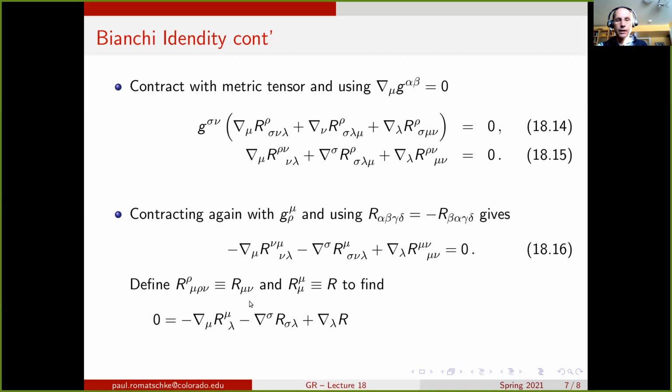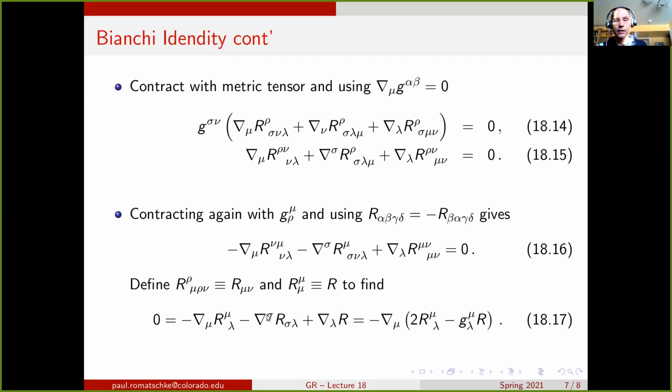And here, if we disregard the fact that this should be a mu, we have R sigma lambda from the second term. And here we have just nabla lambda on R. Since sigma and mu are completely contracted in these first 2 cases here, we can change the upstairs downstairs orders because they don't matter, and we can change the label.